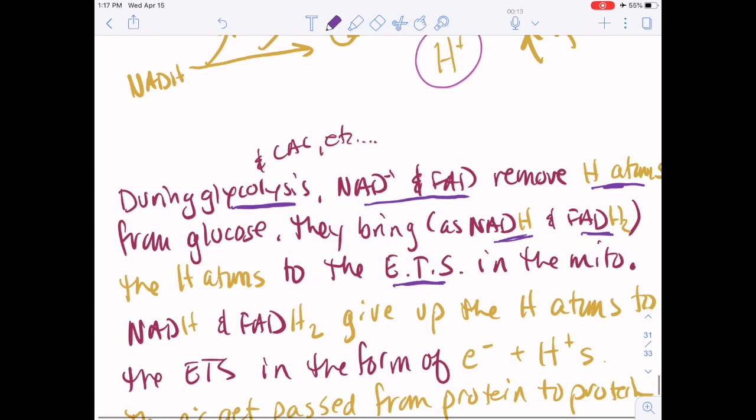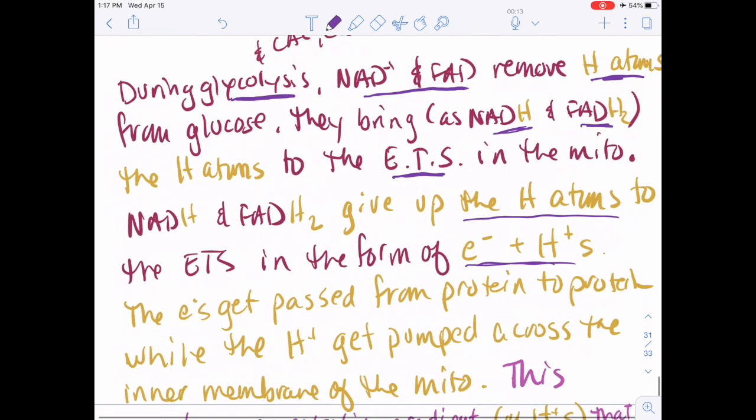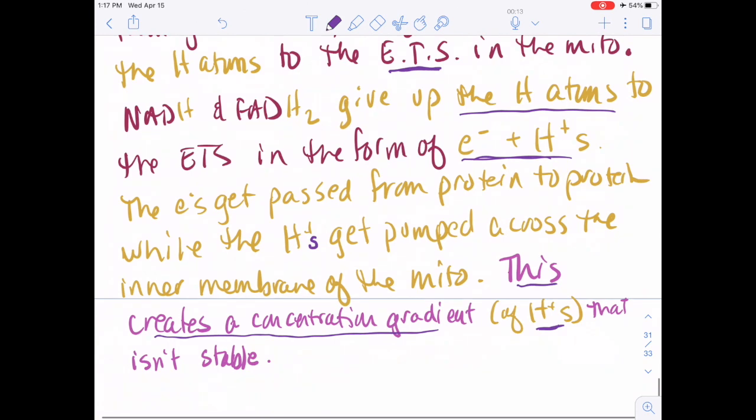Once they're in the mitochondria, NADH and FADH2 give up the hydrogen atoms to the ETS in the form of electrons and protons. They're splitting up for the first time. Those electrons get passed from protein to protein, while the protons, that should be plural, get pumped across the inner membrane of the mitochondria. This creates a concentration gradient of protons that is not stable.